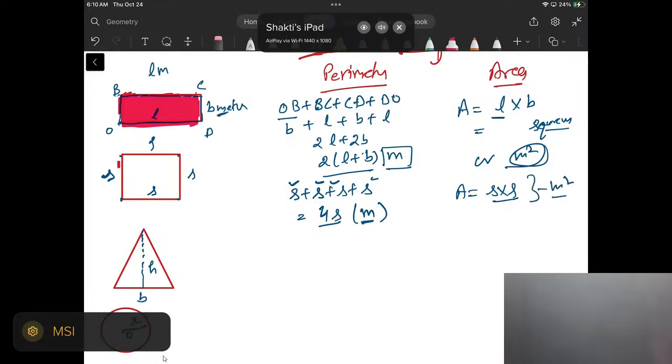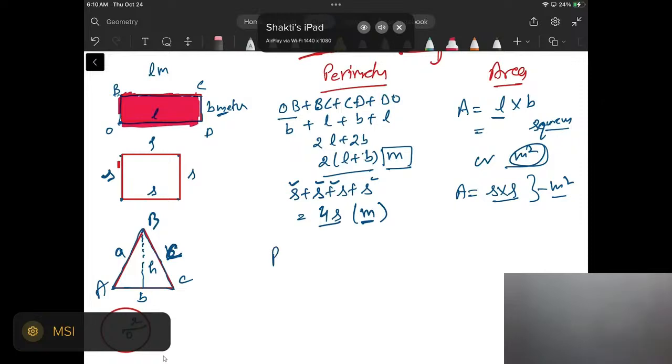Okay, now let's come to the triangle. The sides will be A, B and C. These are the three sides of this triangle. Now the perimeter of this triangle: we start running from this point, reach this B point, then come to the C point, and then come to the A point.